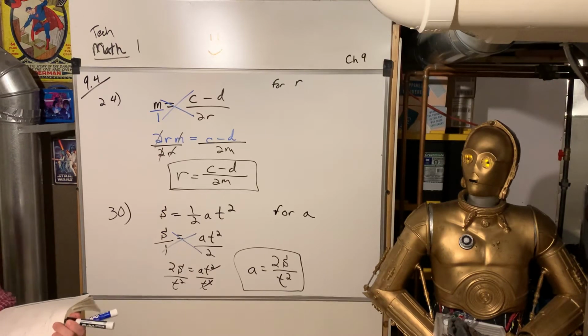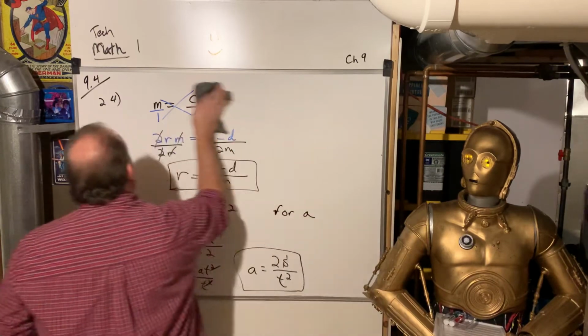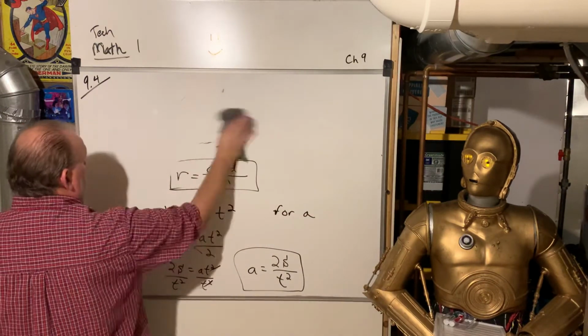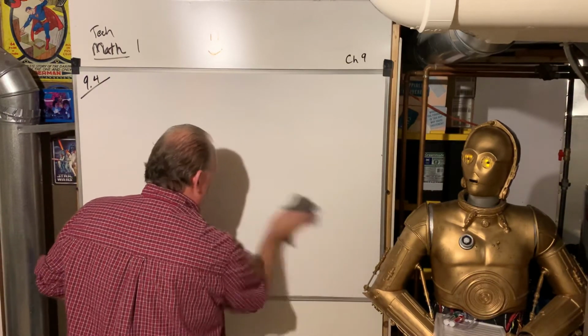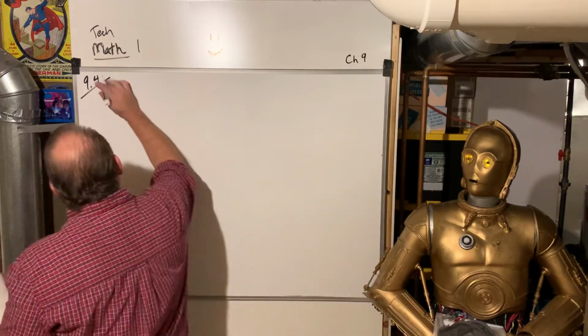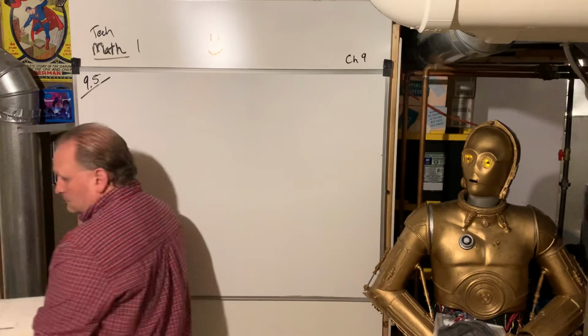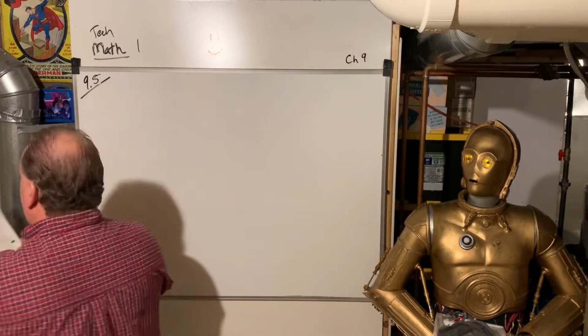Then let's look at 9(5), the square root principle. So when we're doing square roots, we're doing what number times itself gives you that number.